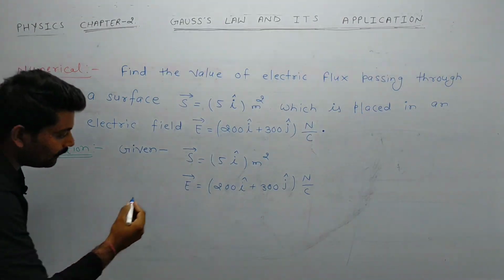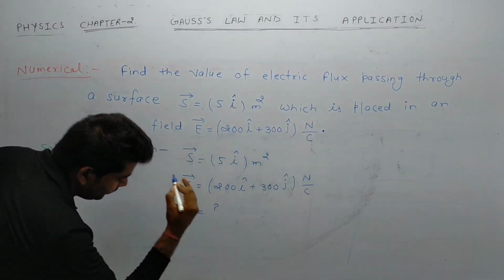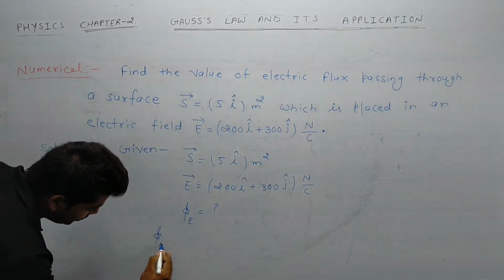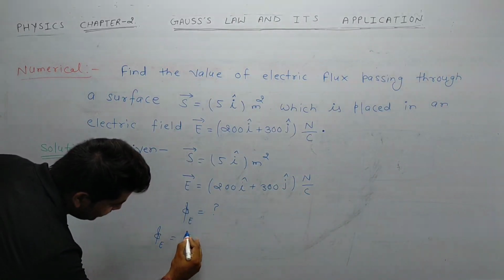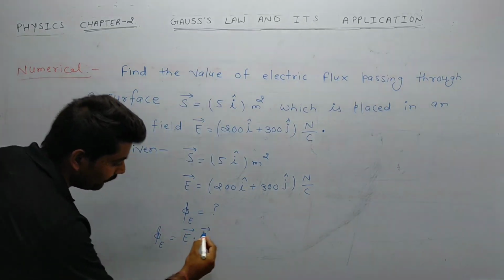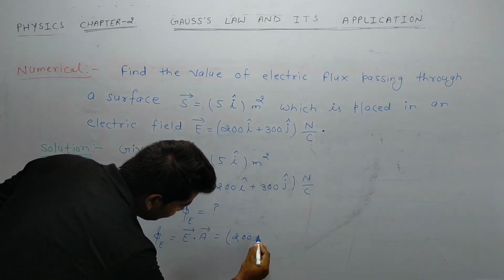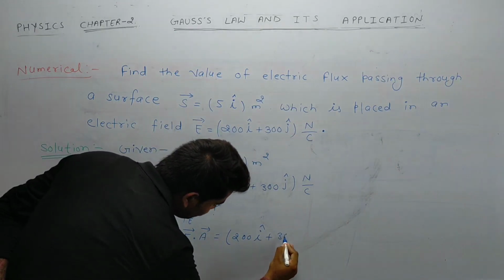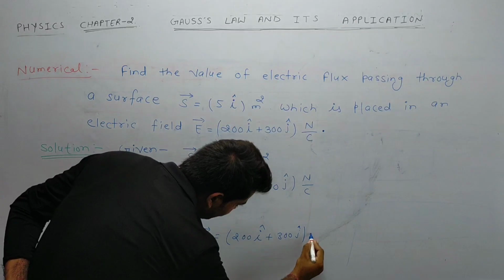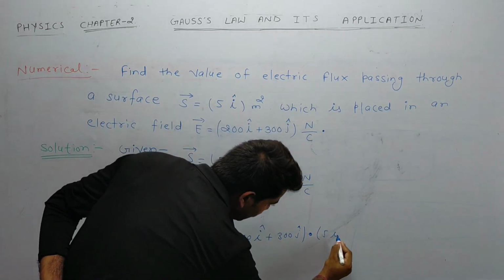We have to find the electric flux phi E. The formula of flux is phi E is equal to E vector dot A vector. Put the values in the formula: E vector 200 i cap plus 300 j cap dot the area 5 i cap.